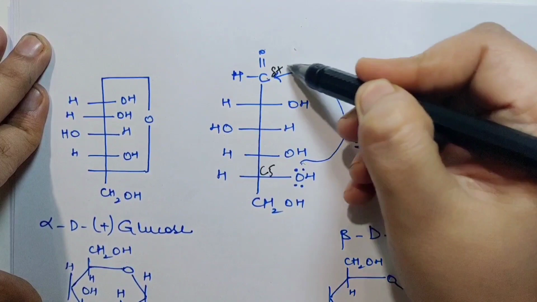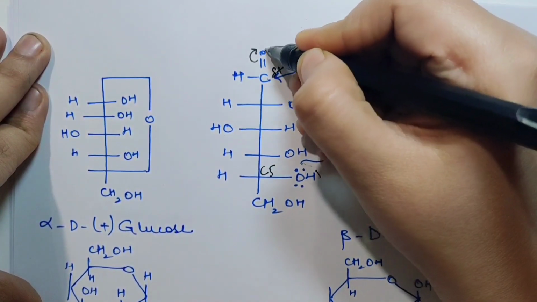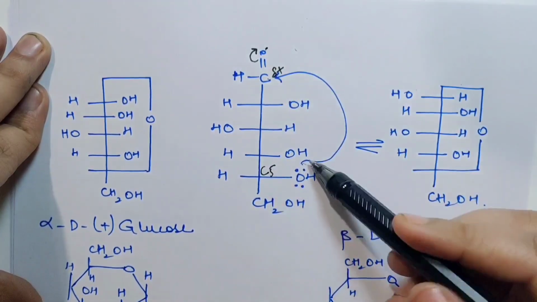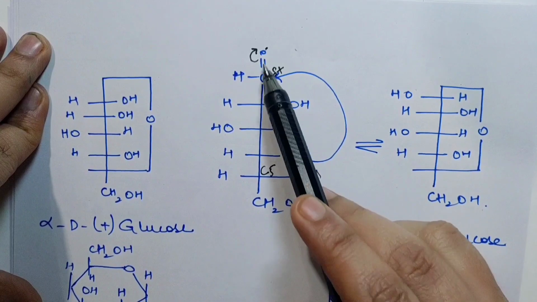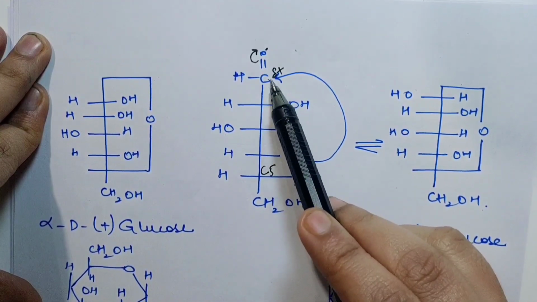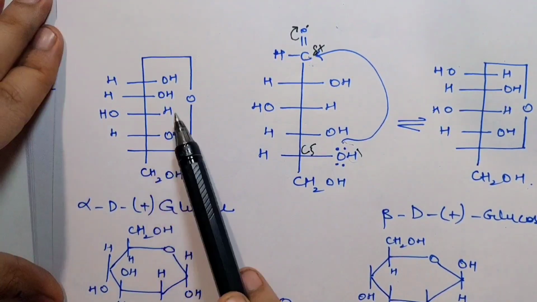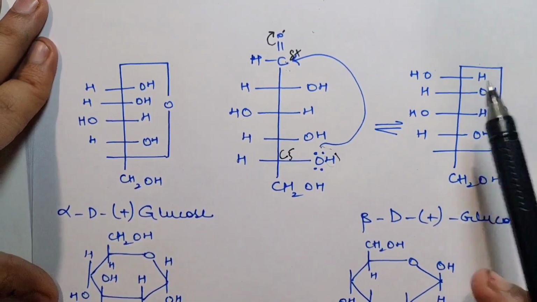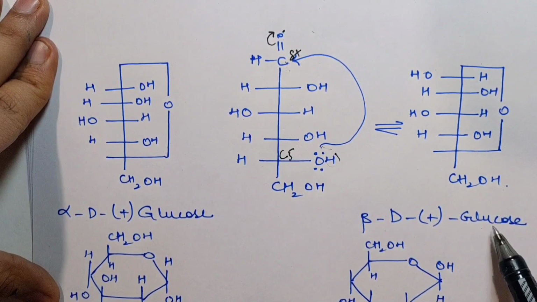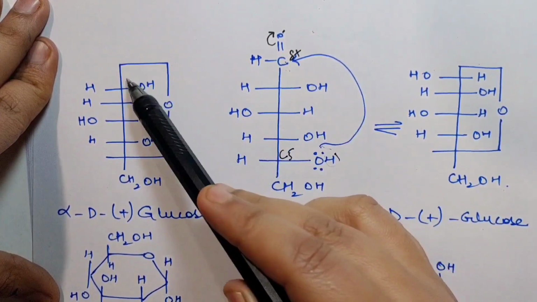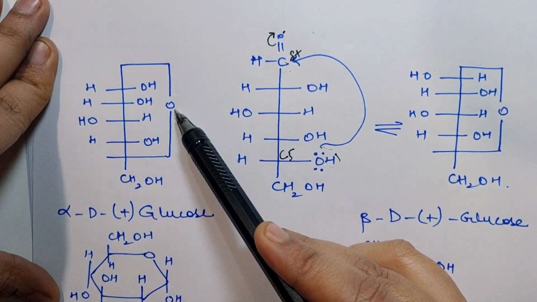The pi electrons shift, and the H then combines with the O negative that is formed, and as a result you get OH instead of C double bond O. If that OH is on the right, you get alpha D-glucose, and if that OH comes onto the left, you get beta D-glucose. It now becomes a closed structure with an oxygen in between.